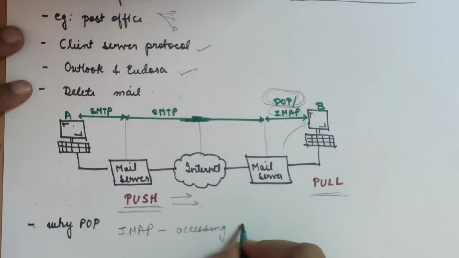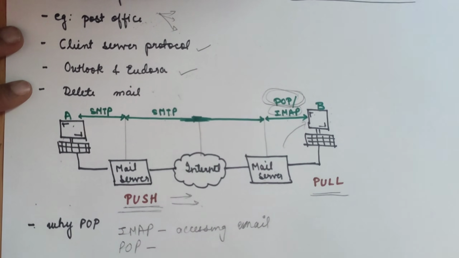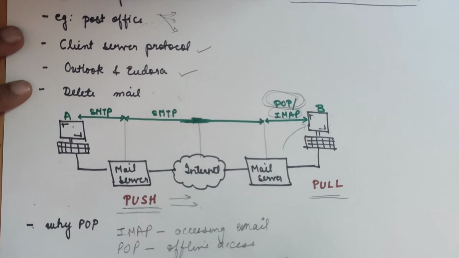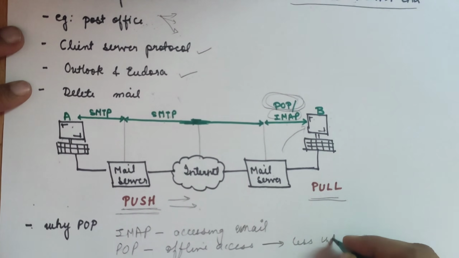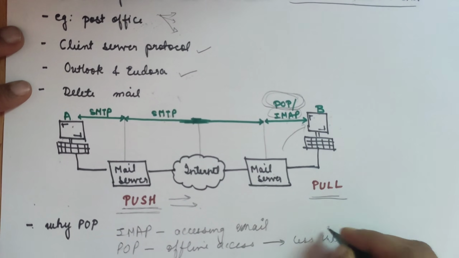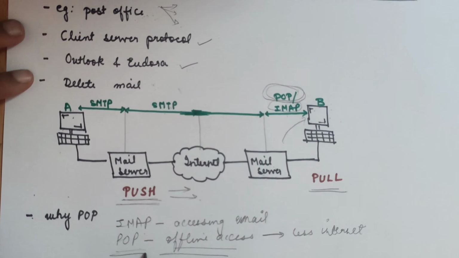But POP also supports offline access to the messages, due to which less internet is going to be required. Internet usage is going to be reduced. So this is the difference between IMAP and POP. Because of this facility, we can prefer to use the POP protocol.